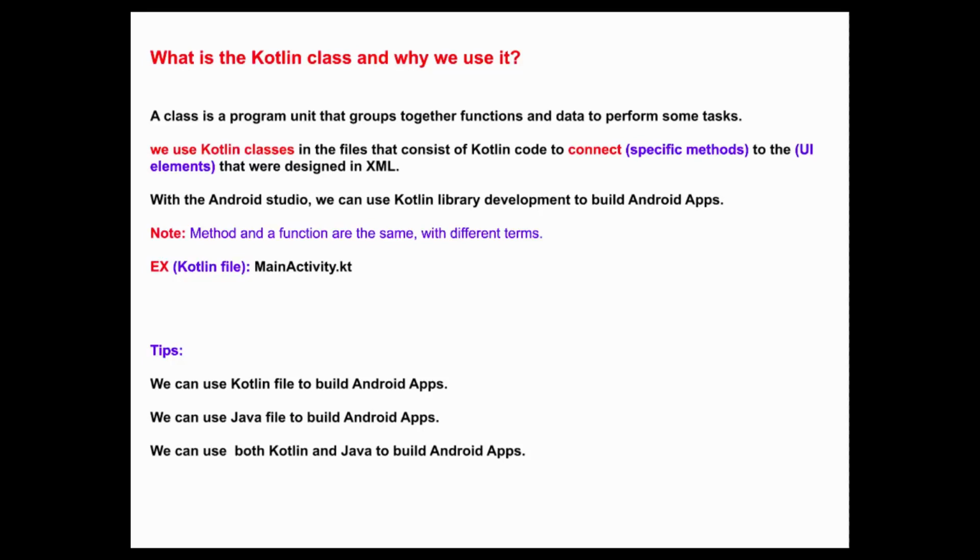And we use Kotlin classes in the files that consist of Kotlin code to connect specific methods to the UI elements that were designed in XML. And with Android Studio, we can use Kotlin library development to build Android apps.